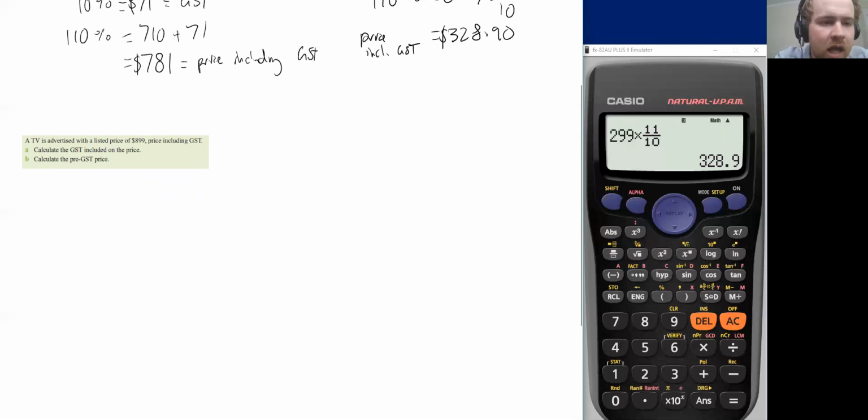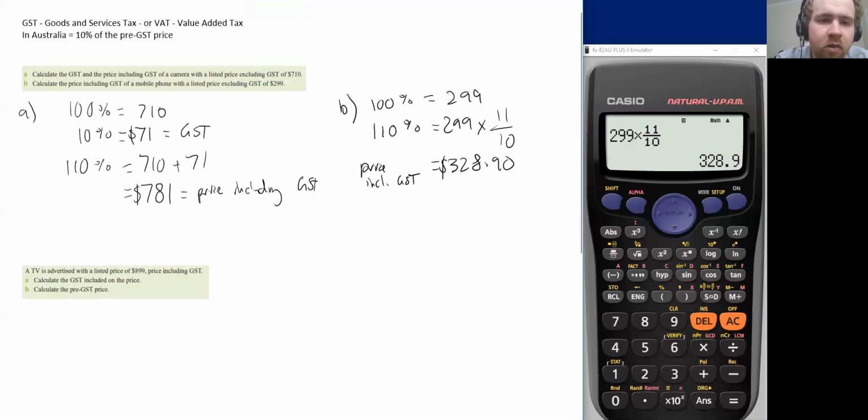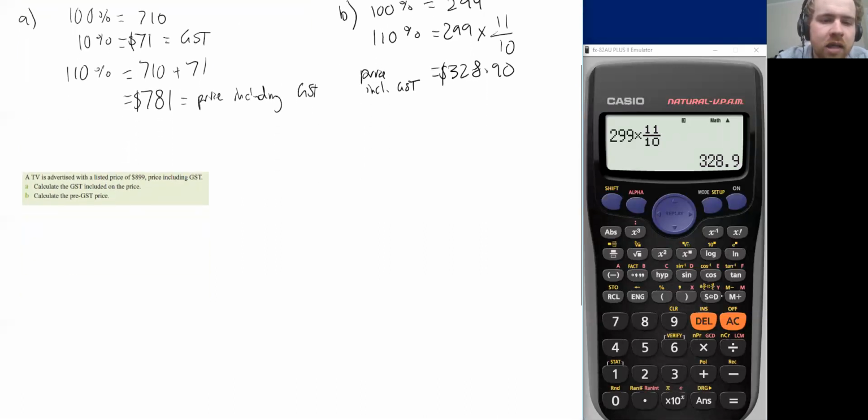Okay, a TV is advertised with a listed price of $899, price including GST. So this is different, where before we were given the price excluding, now we're given the price including GST already, and we want to find what the GST is and then calculate what the pre-GST price is.